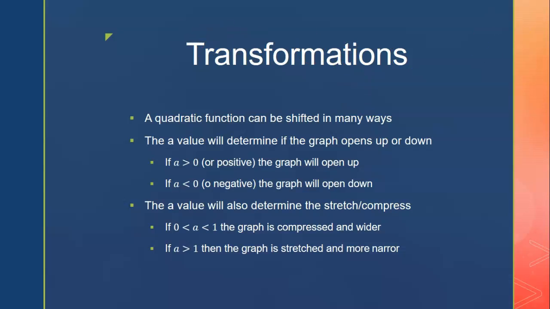There are transformations of quadratics. A quadratic function may be shifted in many ways. The a value will determine if the graph opens up or down. That will also determine if I have a max or a min.